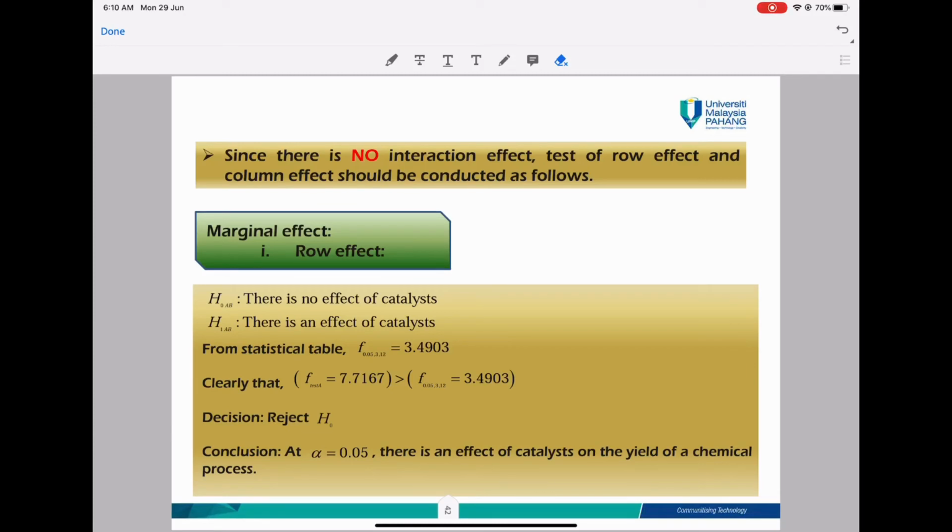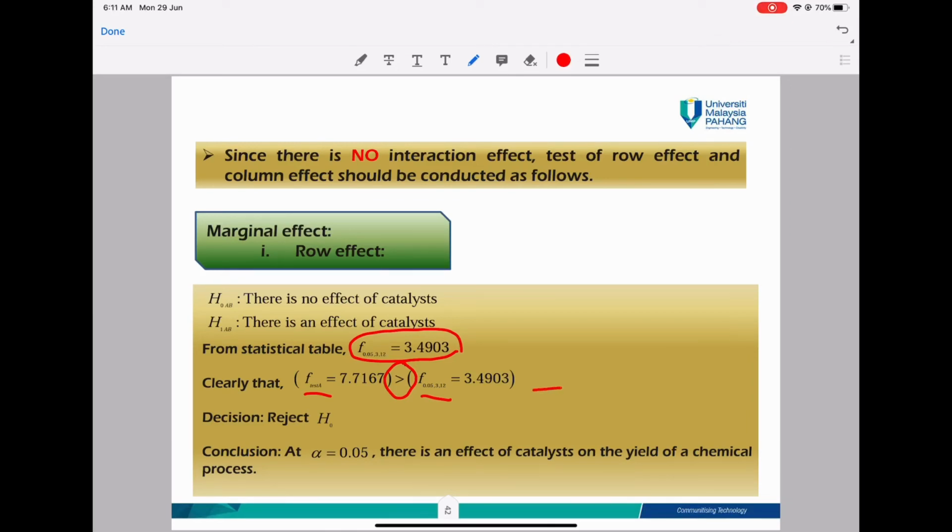Your H0 is there is no effect of catalyst. Your H1 is there is an effect of catalyst. From your statistical table, your F alpha is 3.4903, and then we will compare our F test with the F alpha. You can see that your F test is larger than your F alpha.